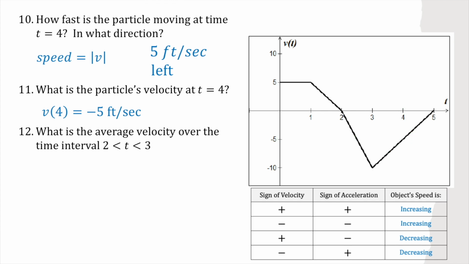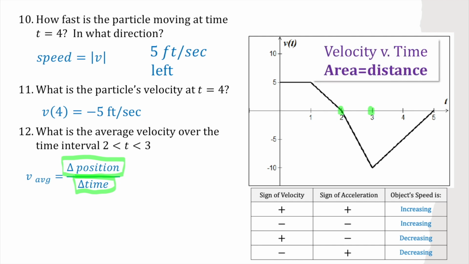Number 12, what is the average velocity over the time interval from 2 to 3? So average velocity is going to be a change in position over a change in time. Well, how do you know the change in position?